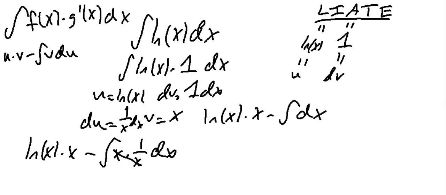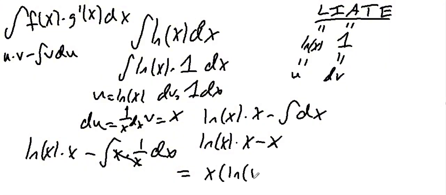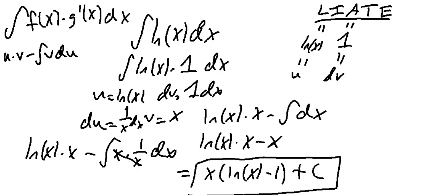So the integral of dx, or 1 dx, which means we have ln of x times x minus x, which again we can factor. So our final answer is x times ln of x minus 1 plus c. That is the integral of ln of x dx.